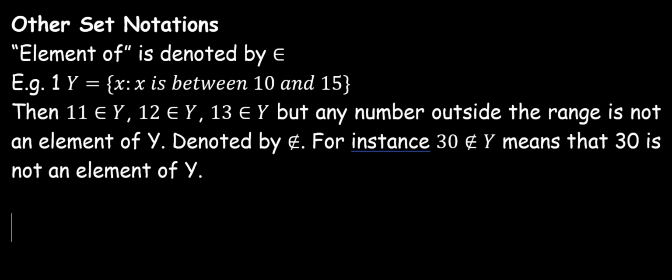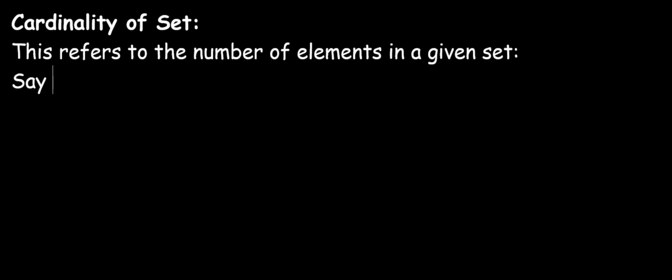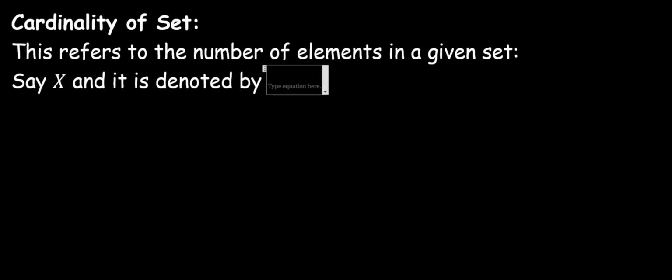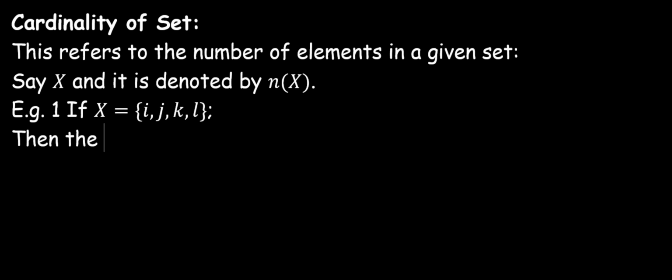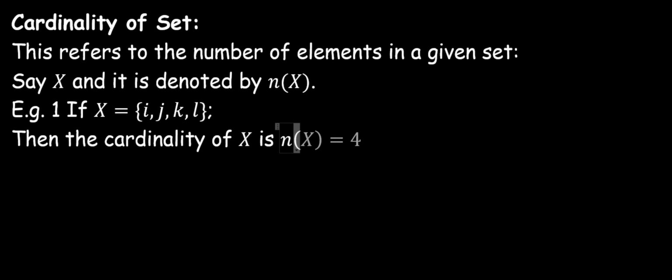The next notation is cardinality of a set. This refers to the number of elements in a given set, say X, and it is denoted by n of X, n bracket open X bracket close. Example, if X equals {I, J, K, L}, then the cardinality of X, n(X), equals 4, which is to say the number of elements inside the given set X is 4.